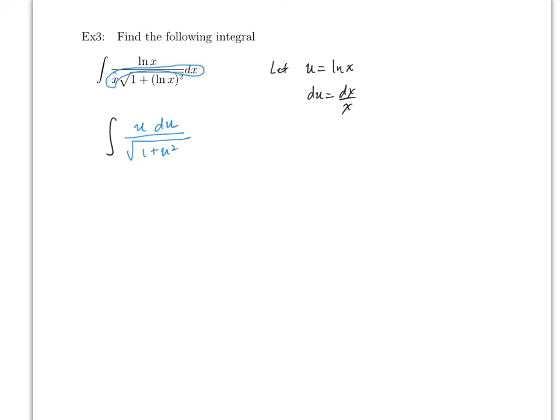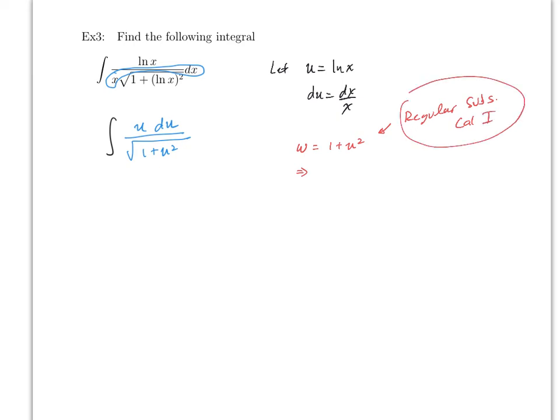So for this one you can just do regular substitution. So let's say that w equals 1 plus u squared. So again, this is regular substitution from calculus 1.